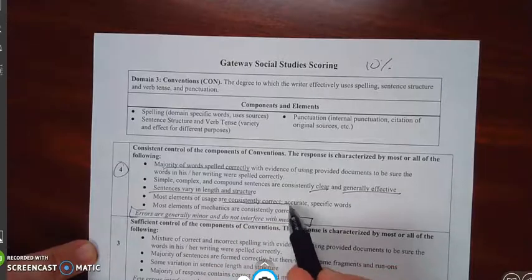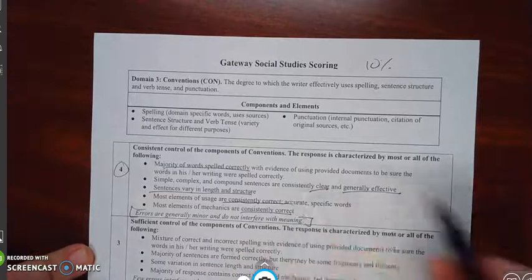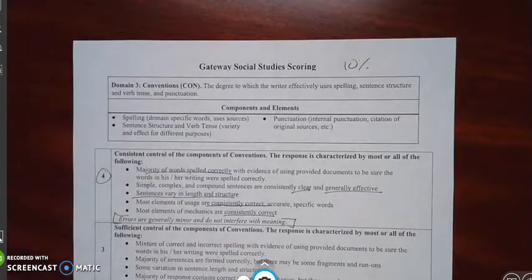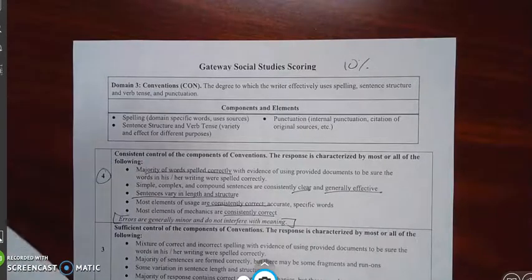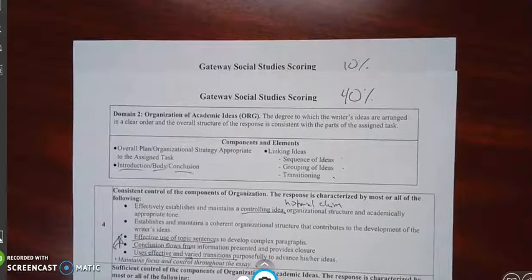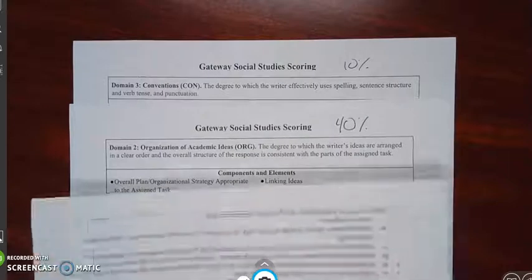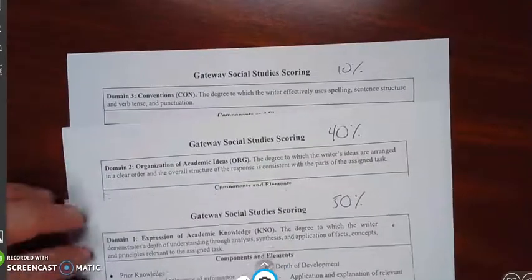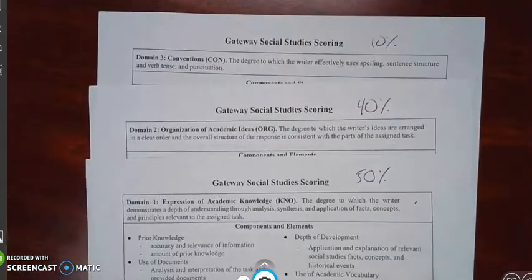So for the most part, things are good. They're not interfering with the overall understanding for the graders, for the readers. So that's the conventions, and that's only 10% now. So going back real quick, you've got 40% for the organization and 50% for the expression of academic knowledge.